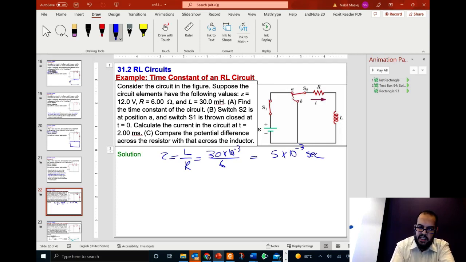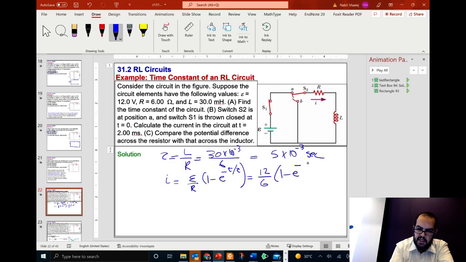So we have the equation for the current. It's epsilon over R times (1 minus e to the minus t over tau), where tau is the time constant. We are evaluating it at t equal to 2 milliseconds. So we just replace: this is 12 divided by R, which is 6, times (1 minus e to the minus t over tau).